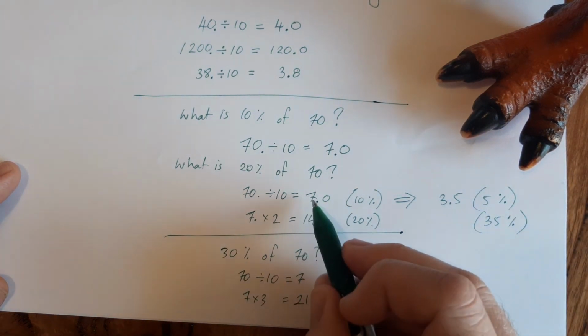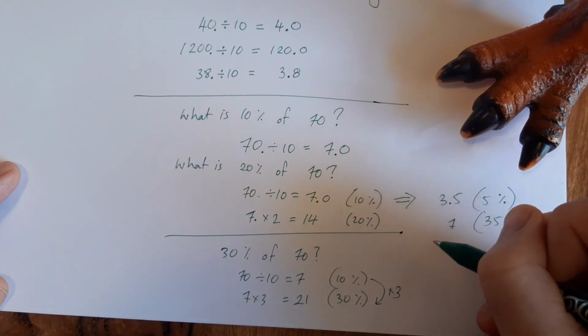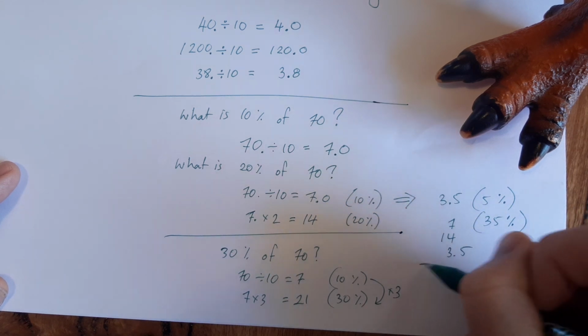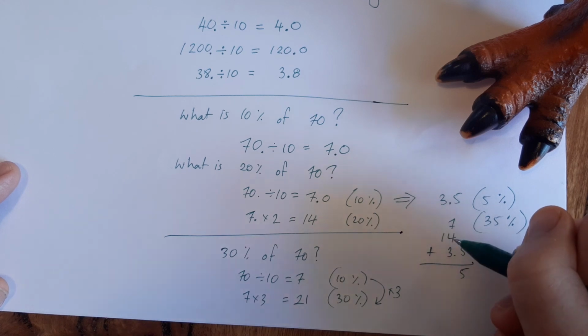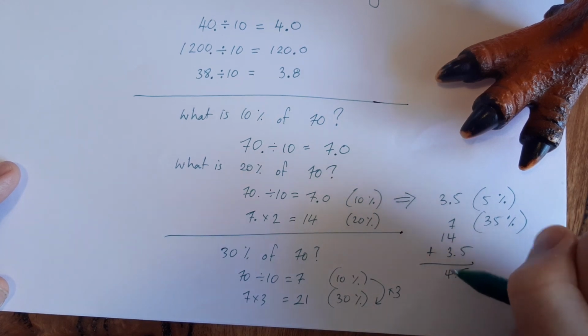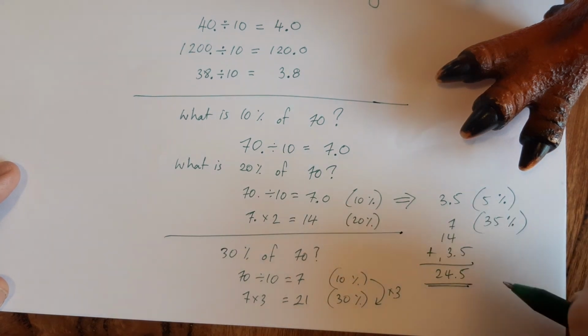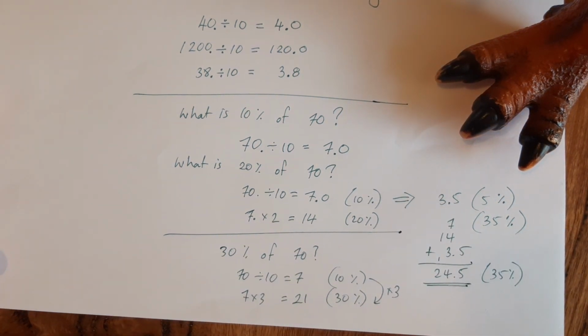That's going to be 7, 14, and 3.5, which gives me 35%.